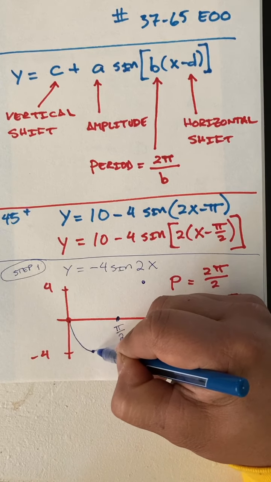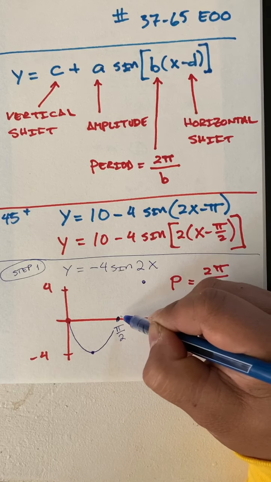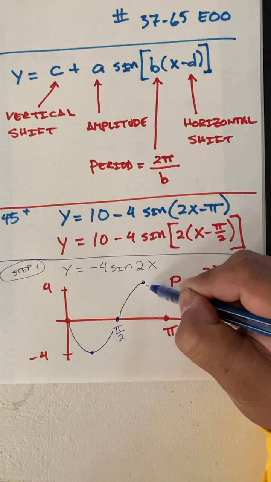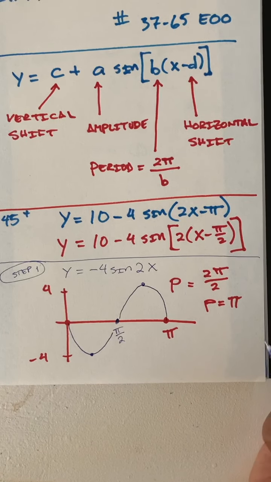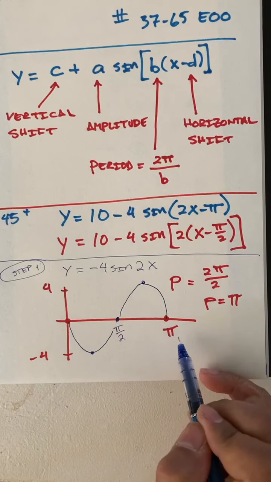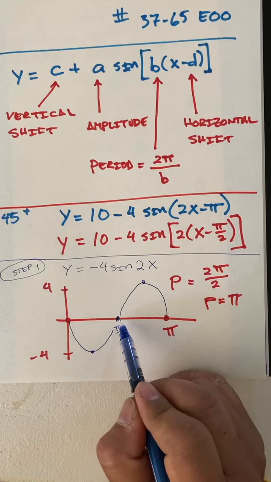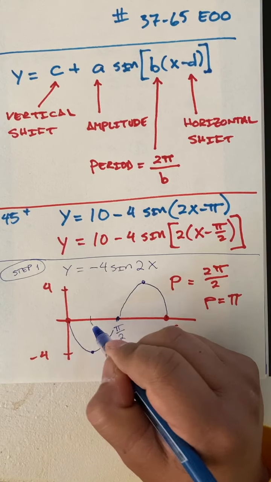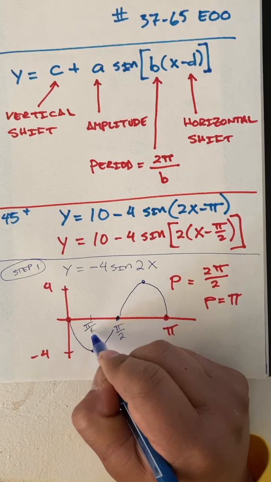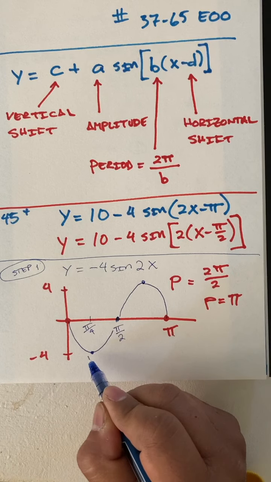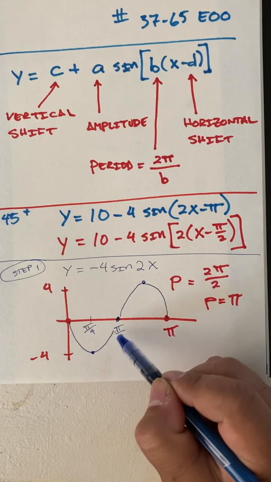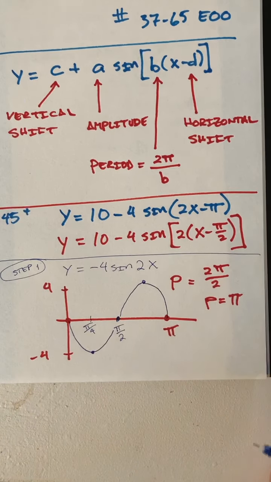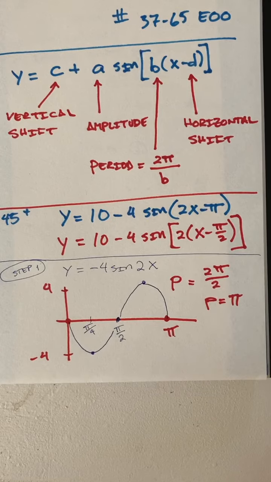So I'm going to go down, back up, back down. Okay, so that takes care of our period being pi. I have this point, I might as well label this point too. That happens at pi over 4 and then hits at -4. I've taken care of my -4 for the amplitude by going down first and then back up. All right, I'm going to pause right there.